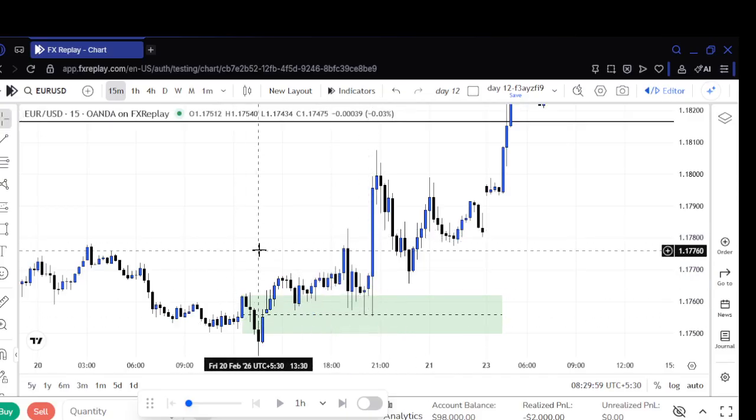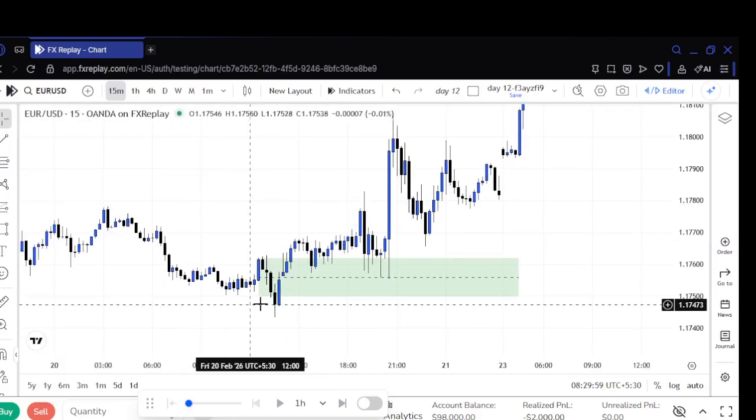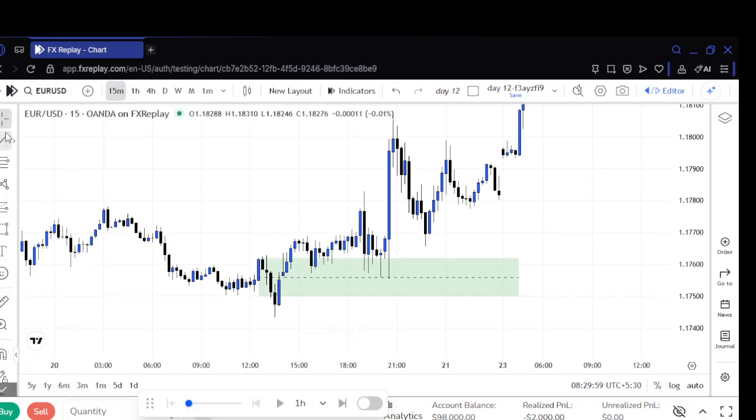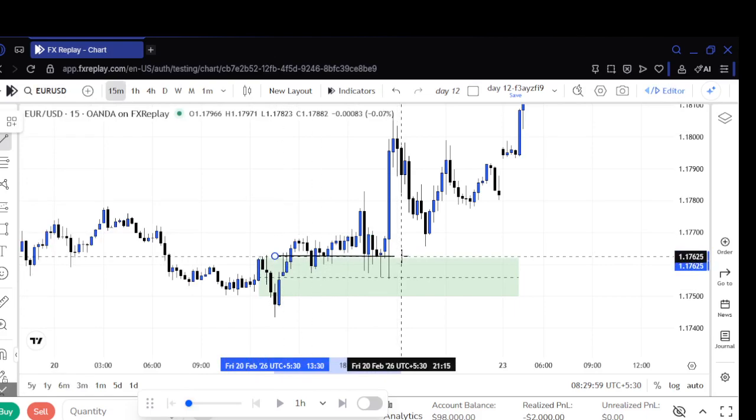I think what I'm trying to say is, after we got triggered, we got an engulfing candle here. Okay, we should be entering right here.